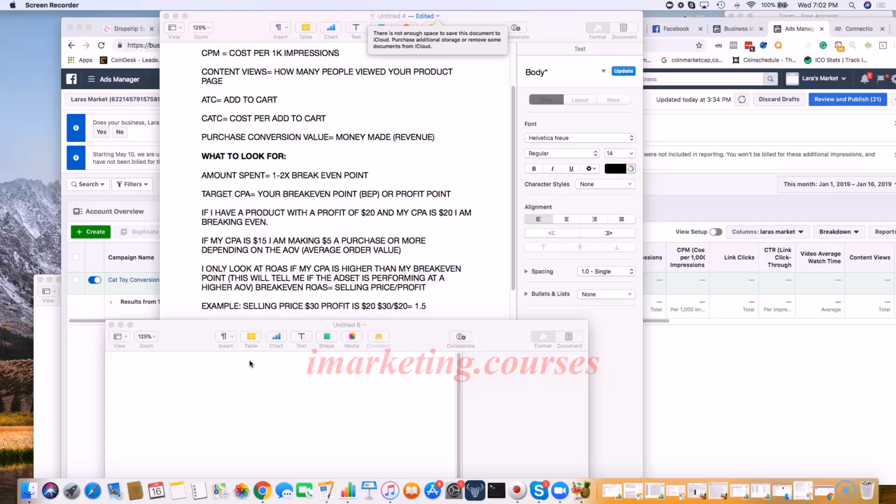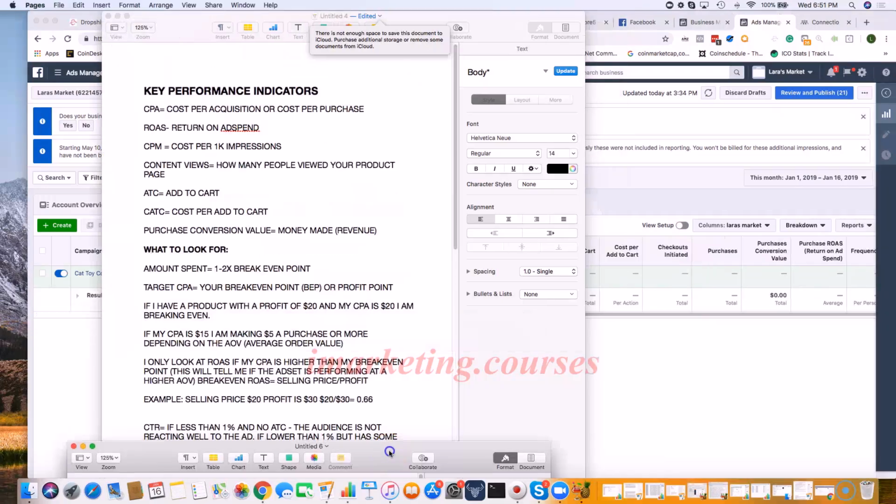Now, if my ROAS on a particular ad set is above 1.5, say 2 or 2.5 or 3, that's telling me that the people in that particular ad set are buying at a higher average order value or buying multiples. So I don't want to kill that ad set. I want to let it keep running.